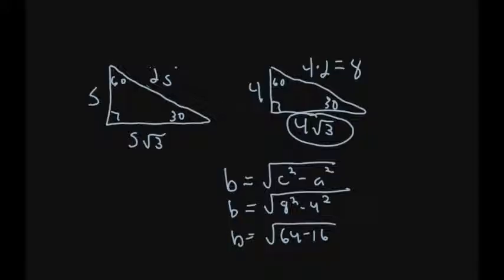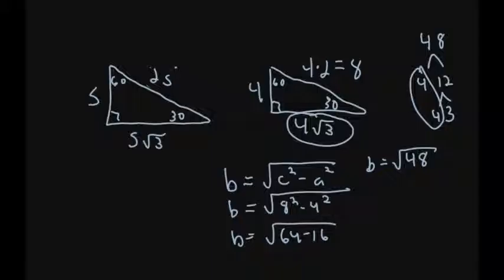So B equals the square root of 64 minus 16, which is 48. If you factor 48, that would be 4 times 12, and 12 is 4 times 3. So I got a pair of 4s there, so I can take that out. So B would equal 4 square roots of 3. So I just proved that theory works.